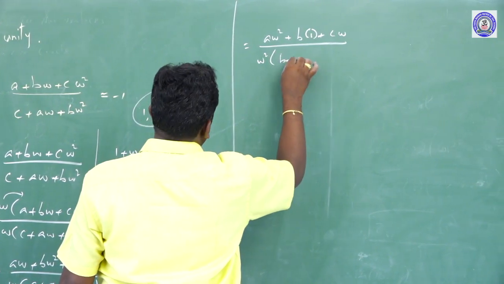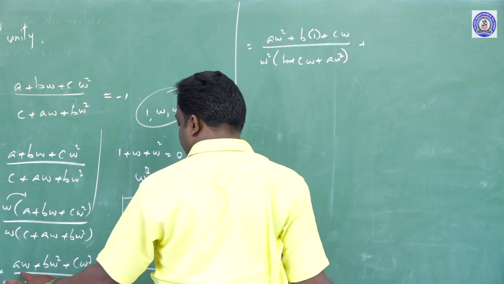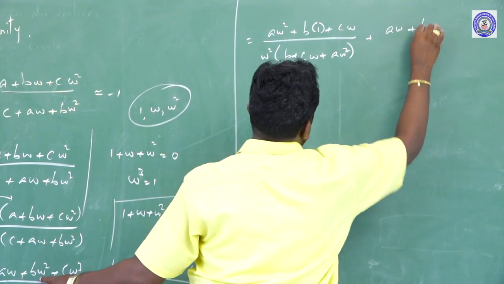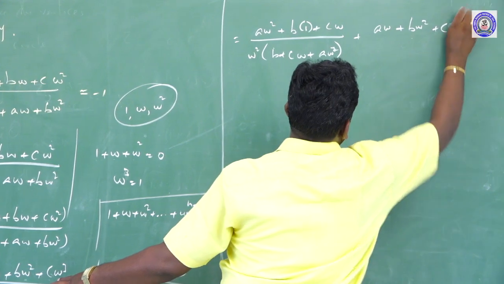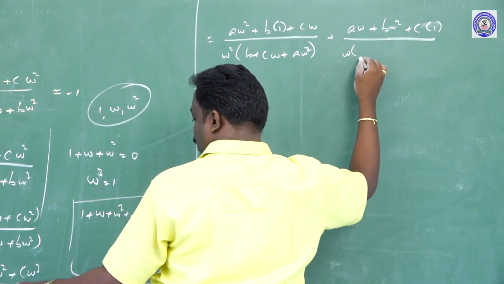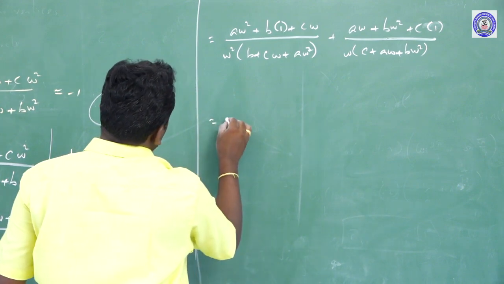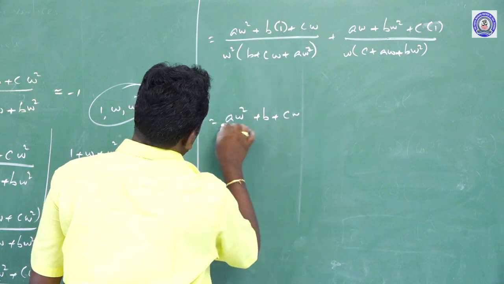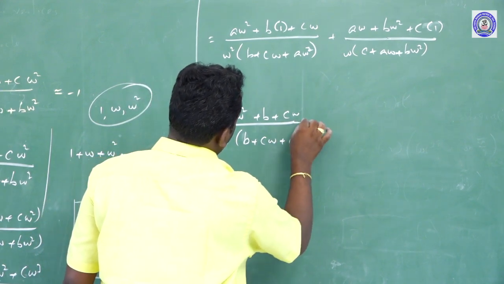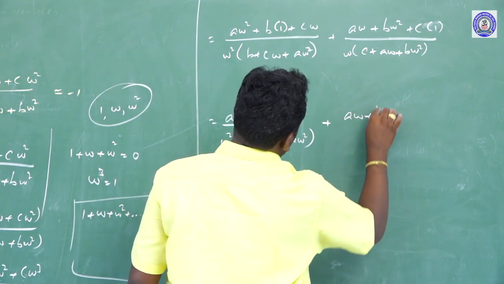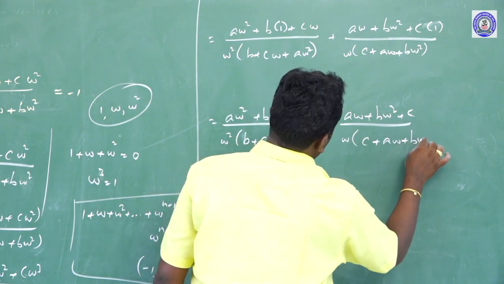Then plus again Aω as it is, plus Bω² as it is, Cω³ equals 1, therefore plus c into 1, by the denominator ω(C + Aω + Bω²) as it is. Now simplification: (Aω² + B + Cω)/(ω²(B + Cω + Aω²)) plus (Aω + Bω² + C)/(ω(C + Aω + Bω²)).